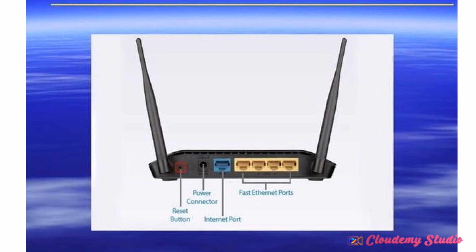This is the reset button. Then we have a power connection. If I'm not mistaken, it uses a 5 volts charger. If not 5, maybe it could be 9, but not above that. Then we have an internet port. Then we have fast Ethernet ports.